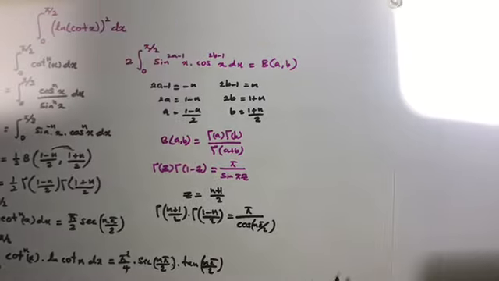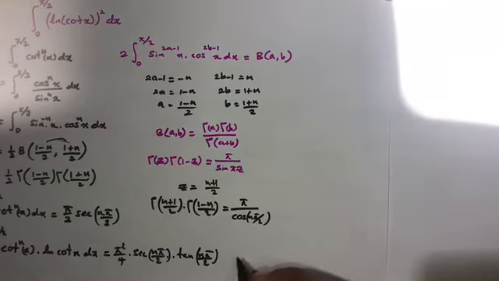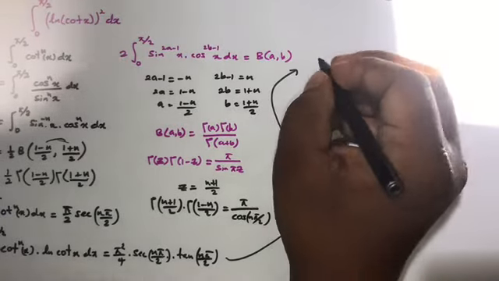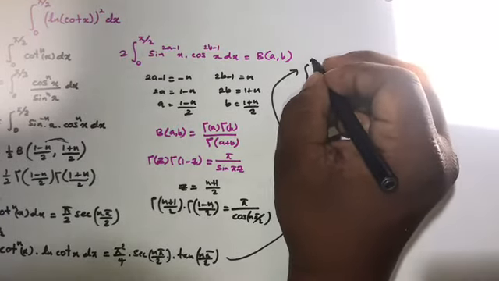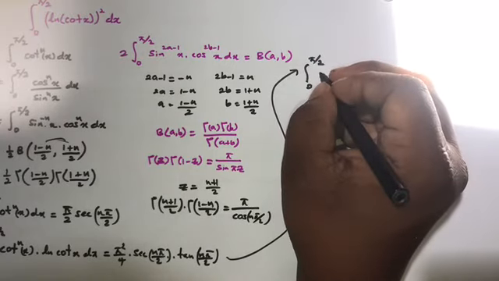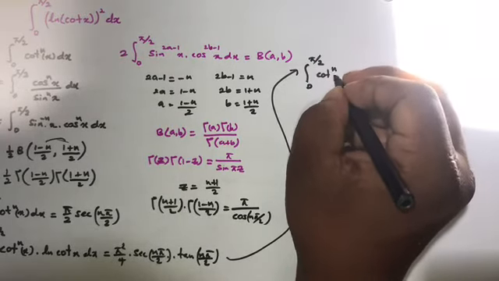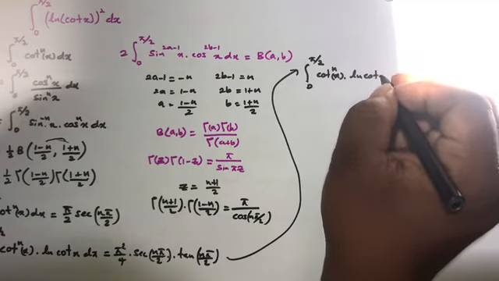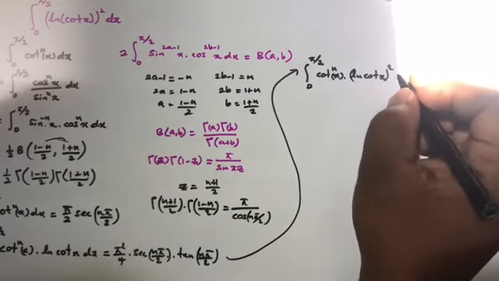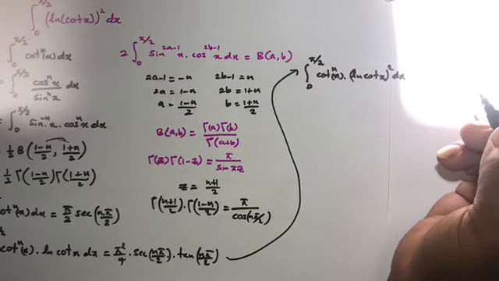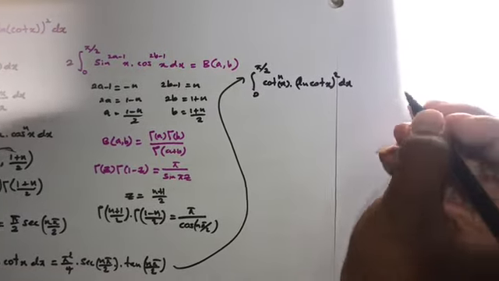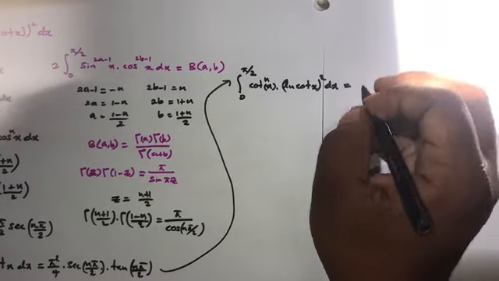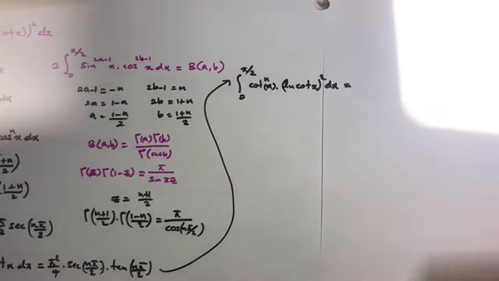So we can write now the integral from 0 to pi over 2 of cotangent raised to the n of x times natural log of cotangent of x squared dx. Okay, now we know this is equal to pi squared over 4, and we should multiply by the coefficient of n, so pi over 2.